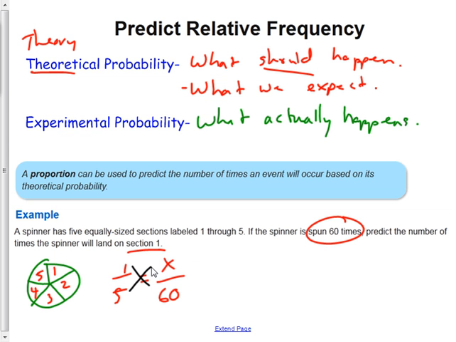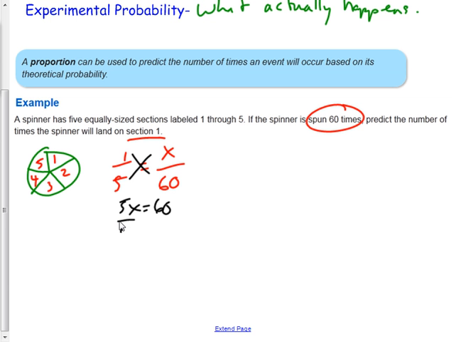Now we cross multiply. So we get 5x equals 60. And we divide both sides by the coefficient, which is 5. So I get x is equal to 12 times. So I could expect the spinner to land on section 1 about 12 times, but I wouldn't expect it to land on it exactly 12.